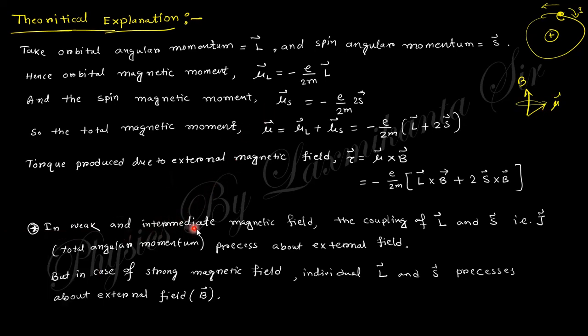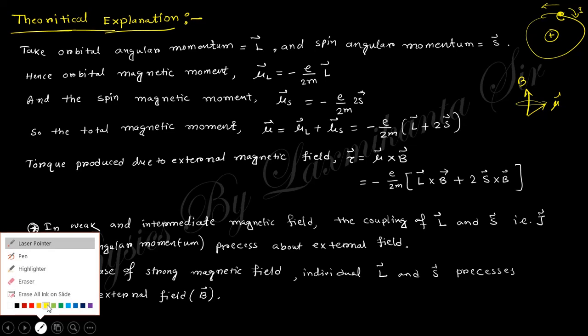Now in case of a weak and intermediate magnetic field, the coupling of L and S gives J, that is the summation of L, the orbital angular momentum, and S, the spin angular momentum. These two combine into J, the total angular momentum, which precesses about the external magnetic field when the magnetic field is weak. But in case of a strong magnetic field, individual L and S can precess.